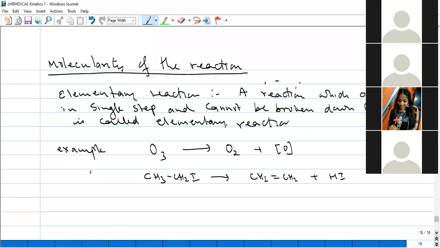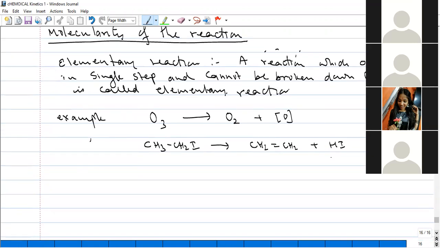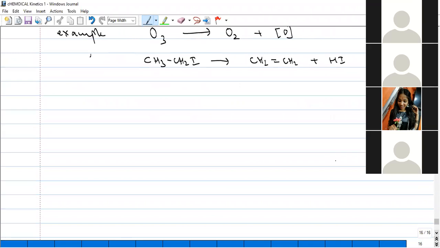Now, what do we mean by the molecularity of the reaction? The number of molecules taking part in an elementary reaction is called the molecularity of the reaction.